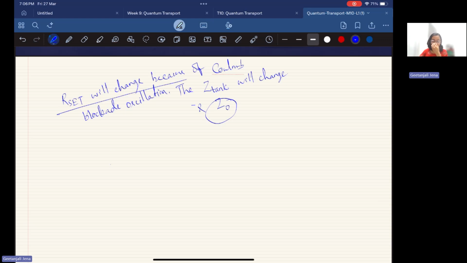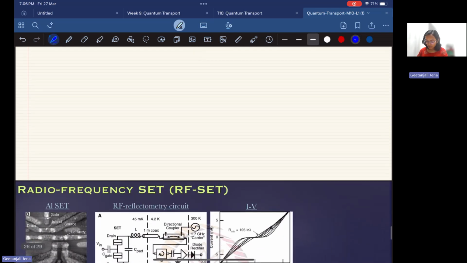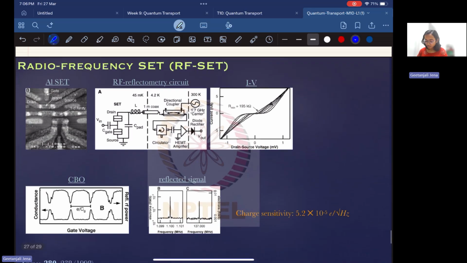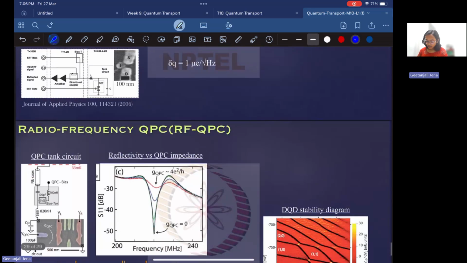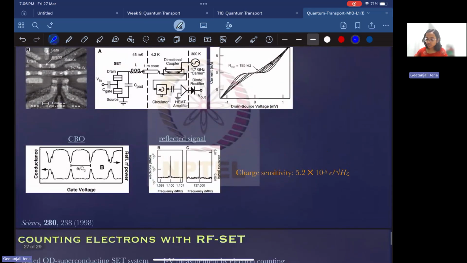And using that reflected signal, we can sense the charging and discharging event. Okay, so this is in brief the operating principle of the radio frequency SET. Now let us start solving the questions.